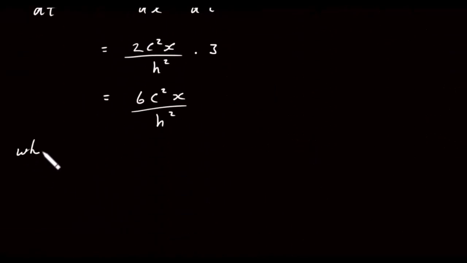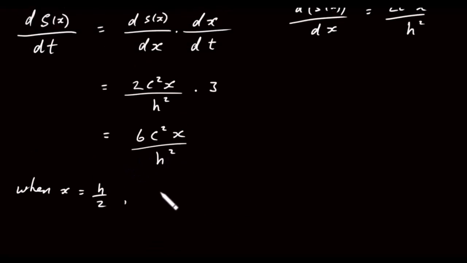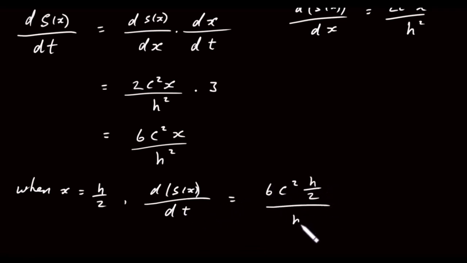So when x is equal to h over 2, that means our ds(x)/dt is going to be equal to 6 times c squared times h over 2, over h squared.